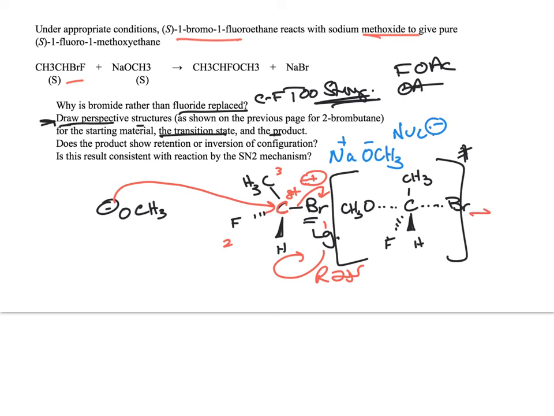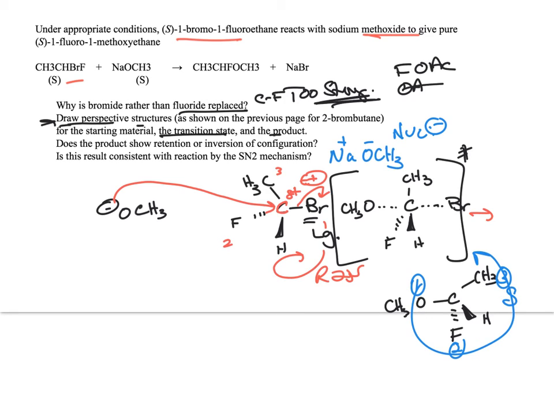Now what's going to happen is you get inversion of stereochemistry. So we're going to have OCH3 here, CH3 here, hydrogen, and fluorine. And now what's going to happen here, if you do your numbering 1, 2, 3, 1, 2, 3, which is counterclockwise, is S will go to R. And so then that is inversion of stereochemistry, and it is consistent with SN2.